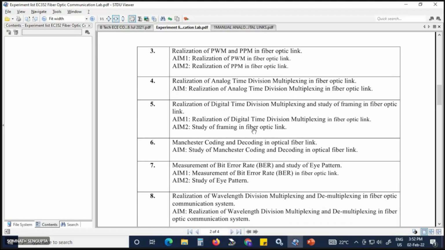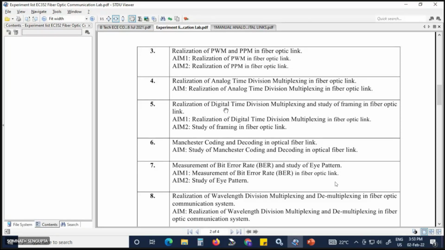Then another experiment is time division multiplexing. You know the basic concept of time division multiplexing: one clock signal is taken, and at different clock pulses, different input signals are transmitted one by one sequentially, so that they are multiplexed in one line, one channel, and sent. Here there is a pulse sampler, so it is basically analog TDM.